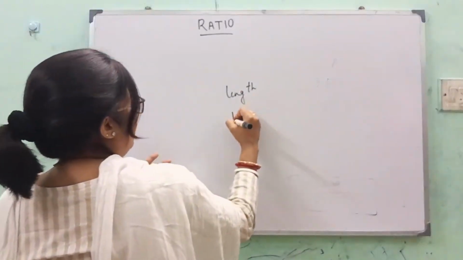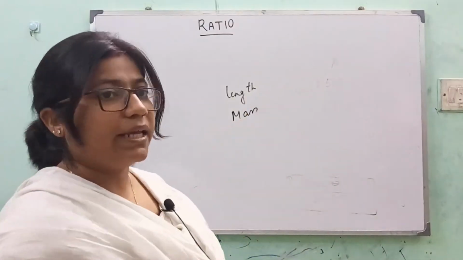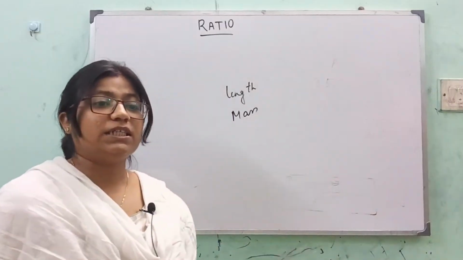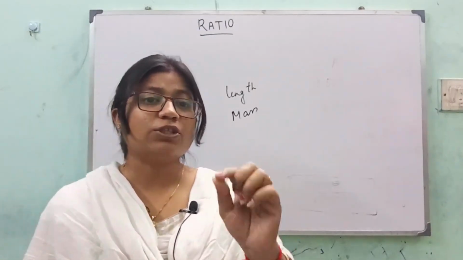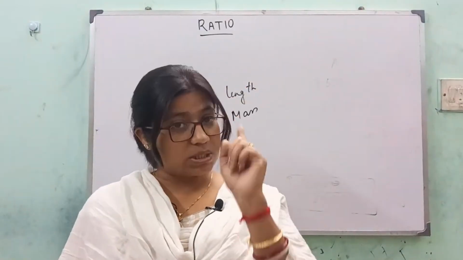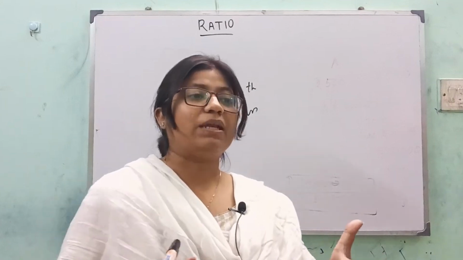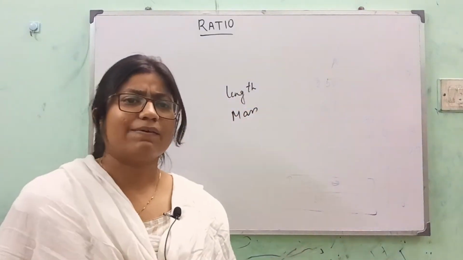If it is of mass, both should be of mass. If it is of money, both should be of money. And positively they should have the same unit. Some will say, ma'am, same category means they will have the same unit.